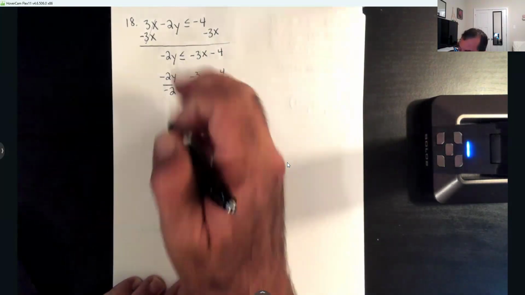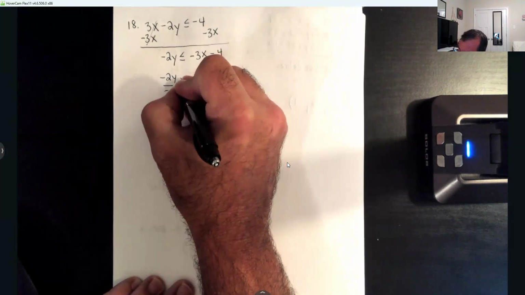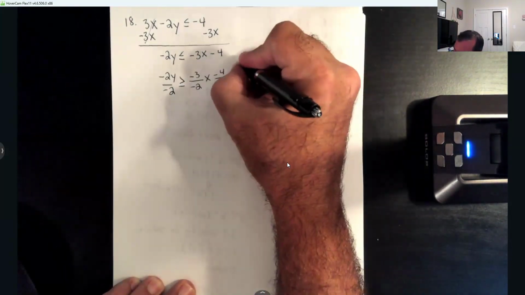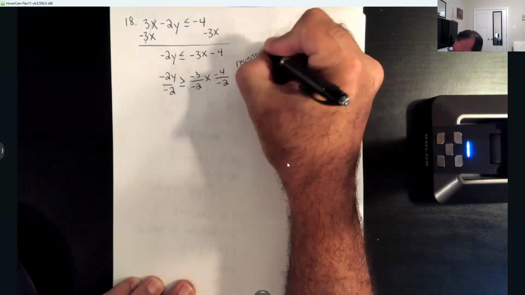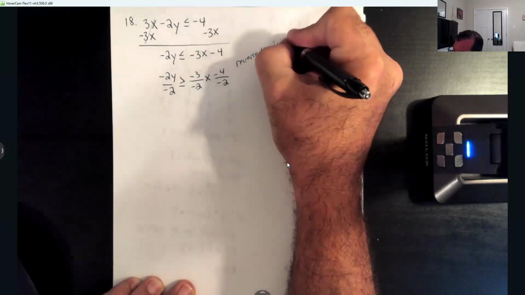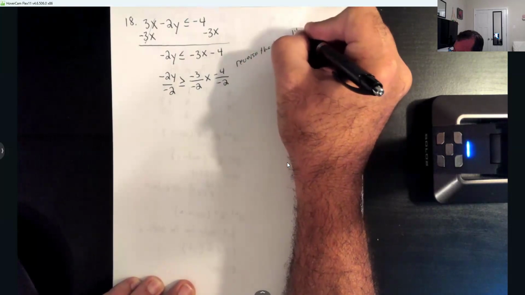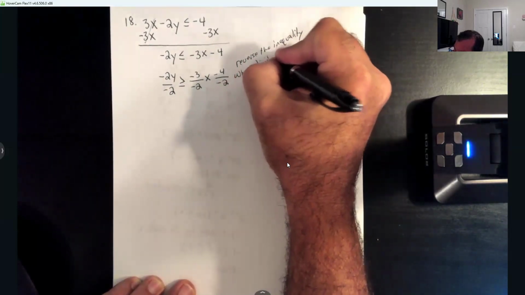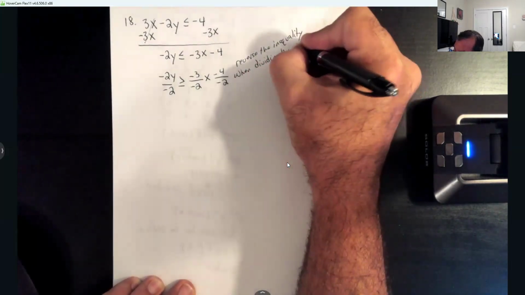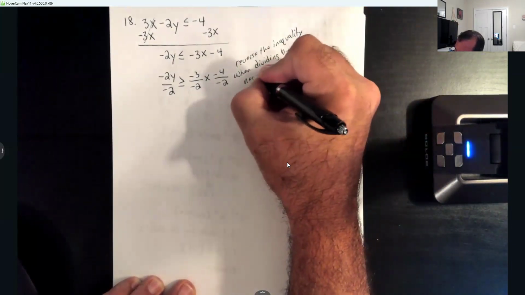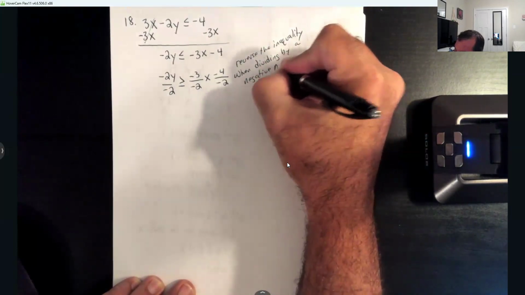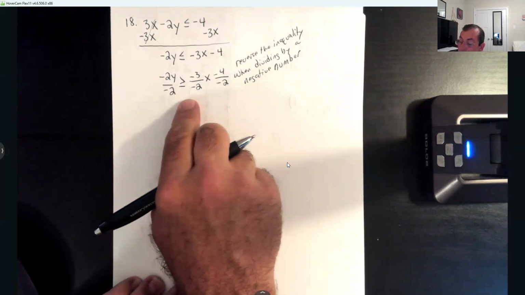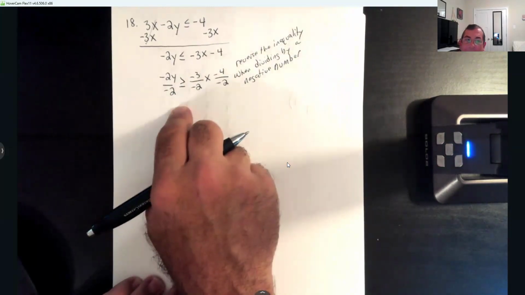So instead of less than, this now becomes a greater than or equal. So reverse the inequality when dividing by a negative number. Now, you don't flip it when you divide by positive numbers, only when you divide by negatives.